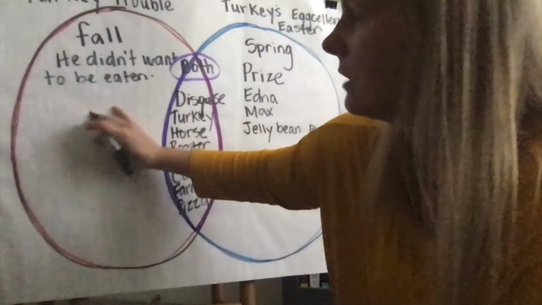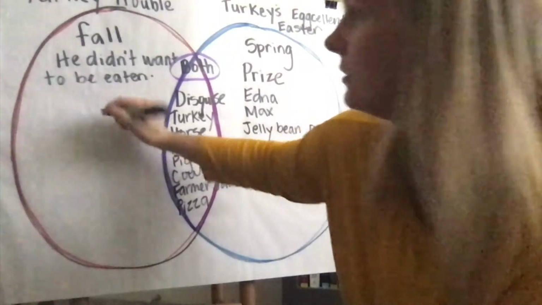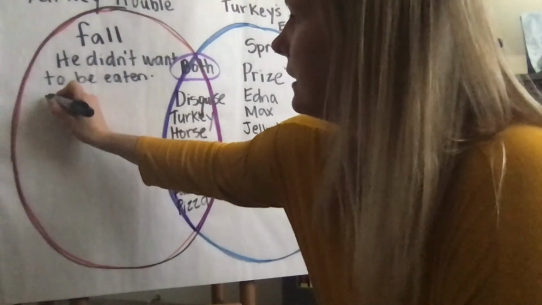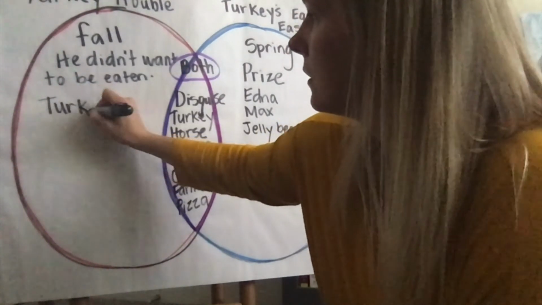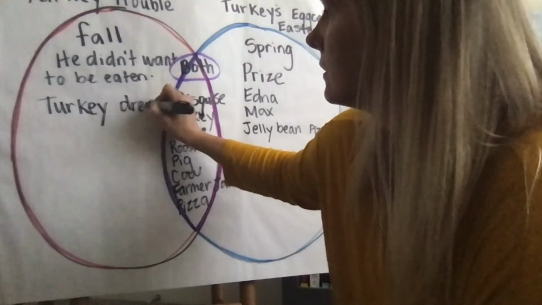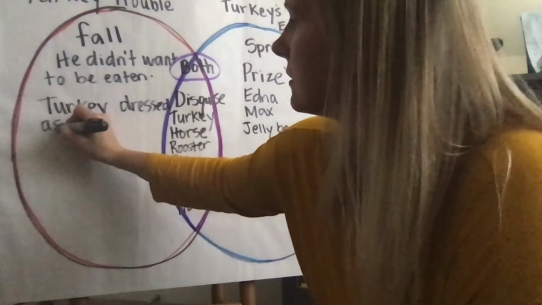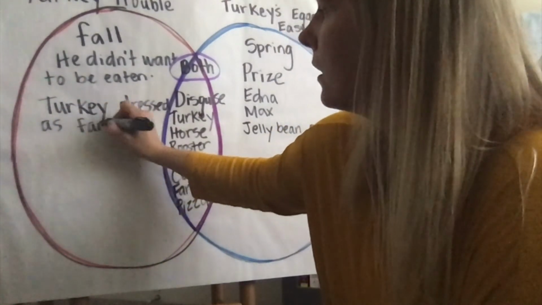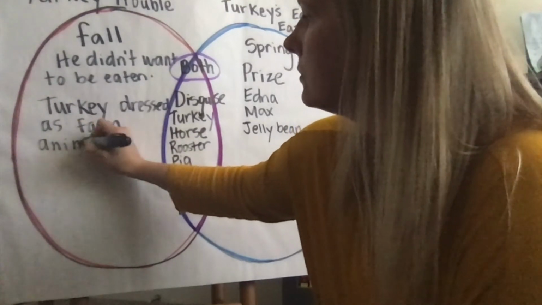So in Turkey Trouble, Turkey was dressing up as what? Farm animals, you're right. So we can write turkey dressed as farm animals.